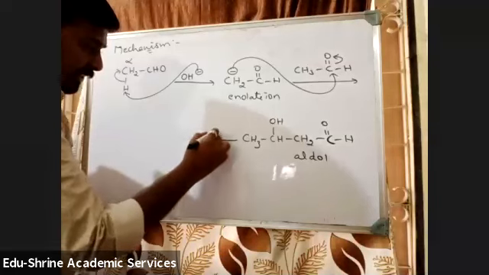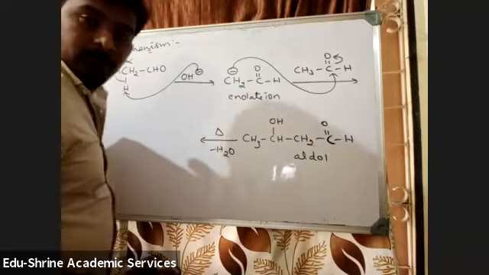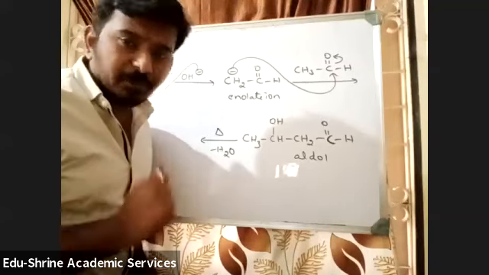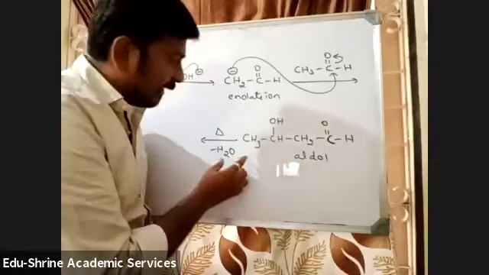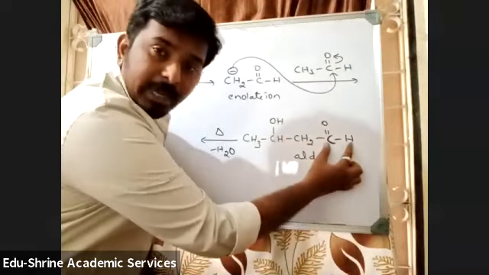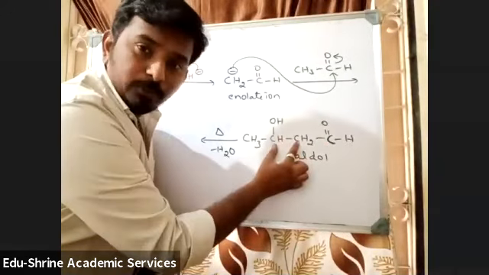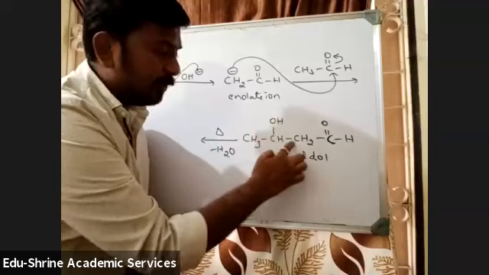Then you are heating this in the next step. When you are heating this, a water molecule is lost. Very simple. Follow Saytzeff's rule. Otherwise, if you directly remember the definition, always the double bond must be present in between the alpha and beta carbon atom. This is the aldehyde group. It must be in between these two. That means hydrogen from here must be lost and OH from here will be lost.